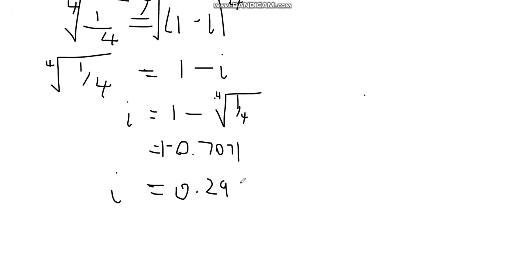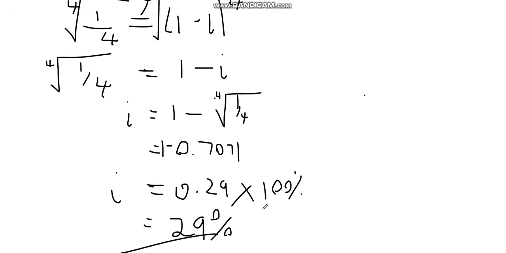This is 1 minus that, so put everything in the calculator, you get 0.29. So this is going to be your answer. Then you multiply this by 100, and your percentage is 29. Let's round it off, so it's 29%. That's the percentage, your interest rate.